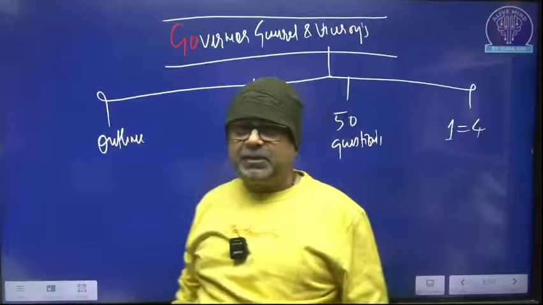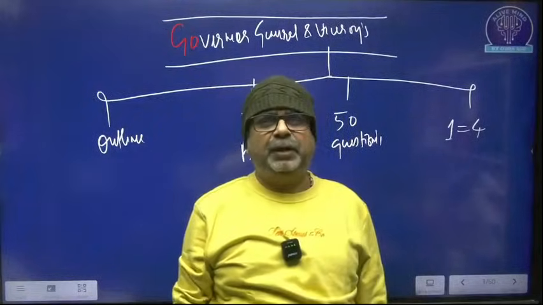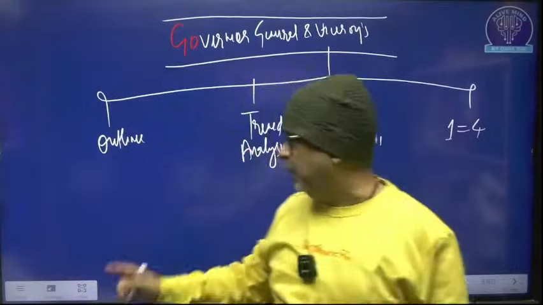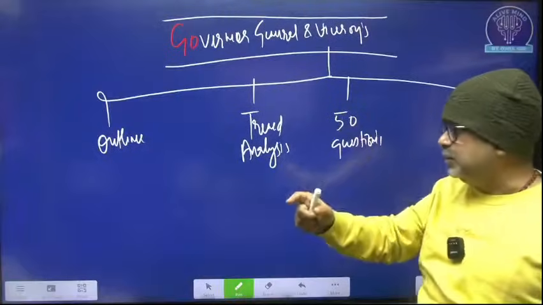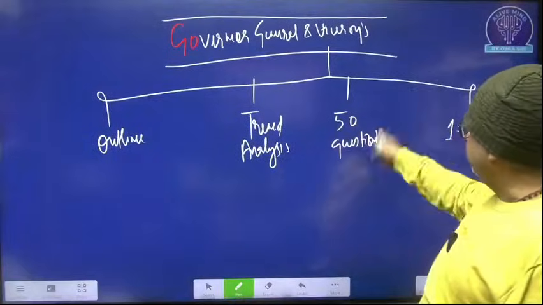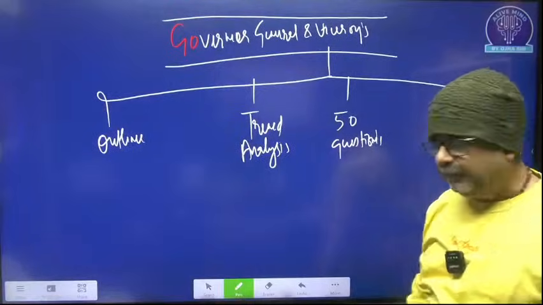In every test which we will do, whether history or economy or general science or polity, this will be the formula. In every paper: outline of the topic, what you have to prepare on this topic, trend analysis, 50 questions, 1:4 formula. Is it okay?